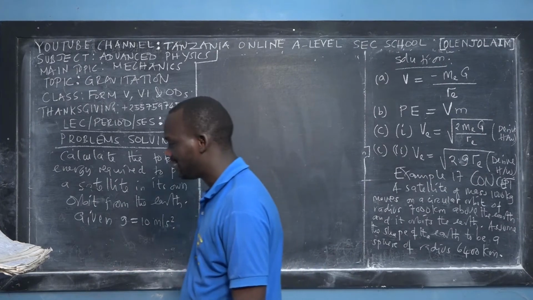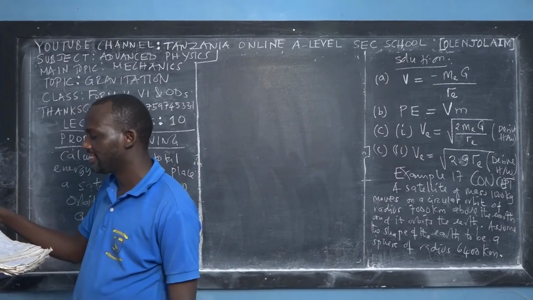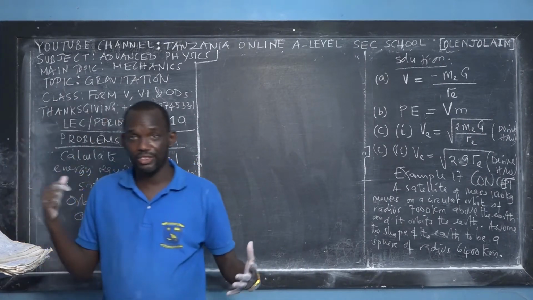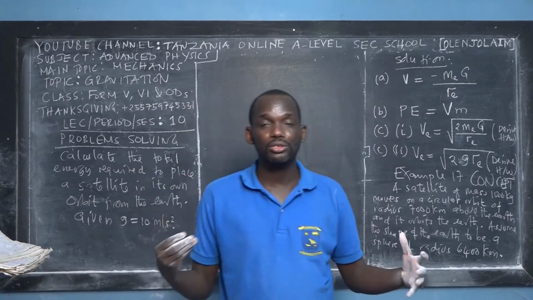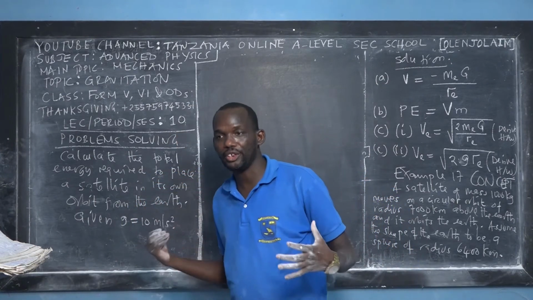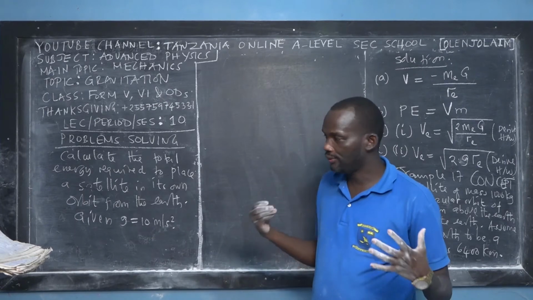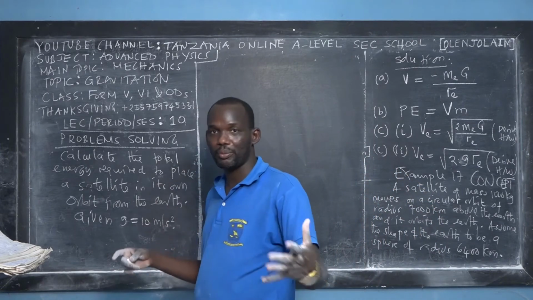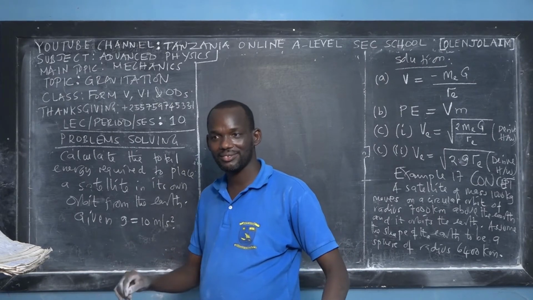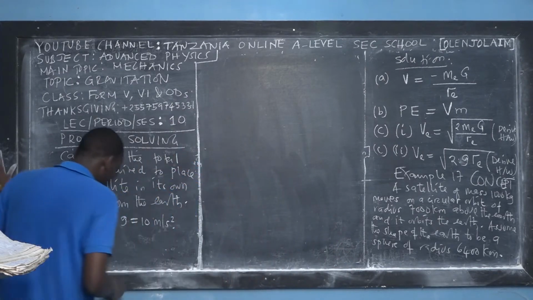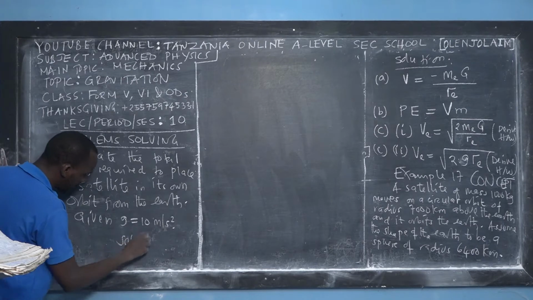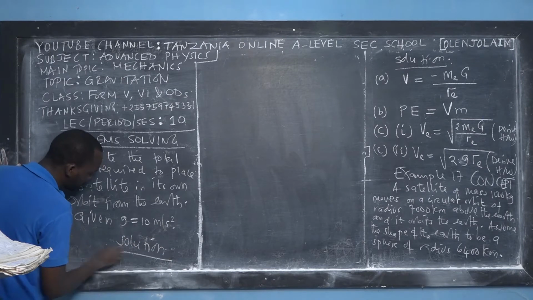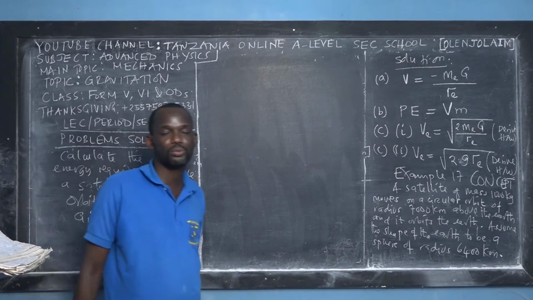I like this question because it tests a student's understanding of gravitational potential energy. Let us go together, but you can try. You can pause the video and try to solve it yourself, and when you are done, continue watching to see how you should solve this problem.